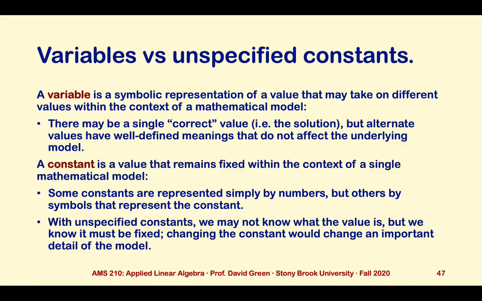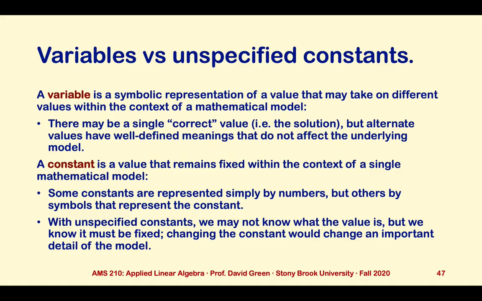One thing that we noted on the last slide was the use of symbolic constants, A, B, C, as well as symbols for variables. I'd like to spend a moment here to clarify how these differ and why we need to treat them differently. A variable is a symbolic representation of a number or a value that can take on different values within the context of a mathematical model.